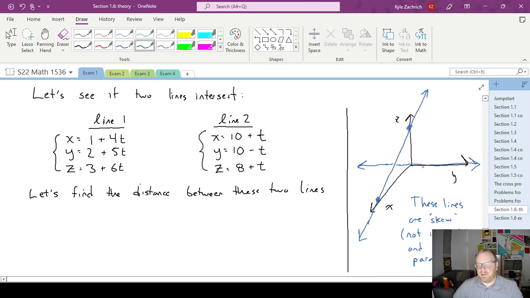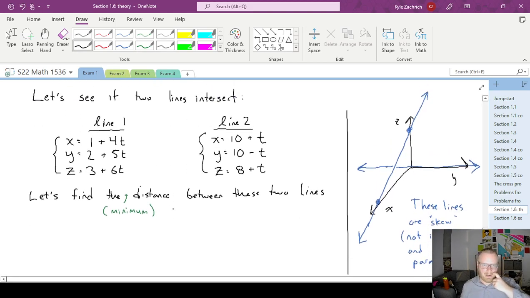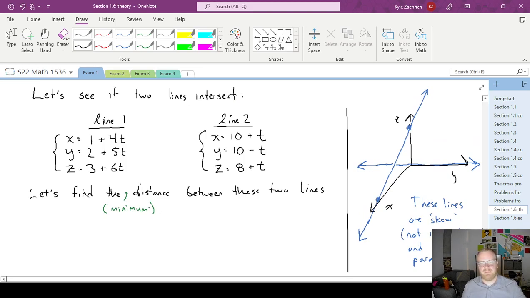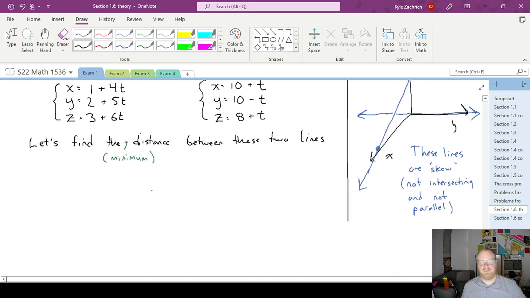So again, with all distances in mathematics, we're not looking for just some random distance between one point and the other. We're looking for this minimum distance. So let's find the minimum distance between these two lines. They're probably going to be skew lines, right? So if the distance happens to be 0, then they intersect, but either way we'll be able to figure out whether or not those two lines intersect.